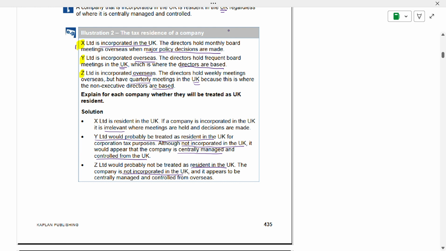Priority has to be given to the directors. Z will probably not be treated as resident in the UK. The company is not incorporated in the UK, and it appears to be centrally managed and controlled from overseas.